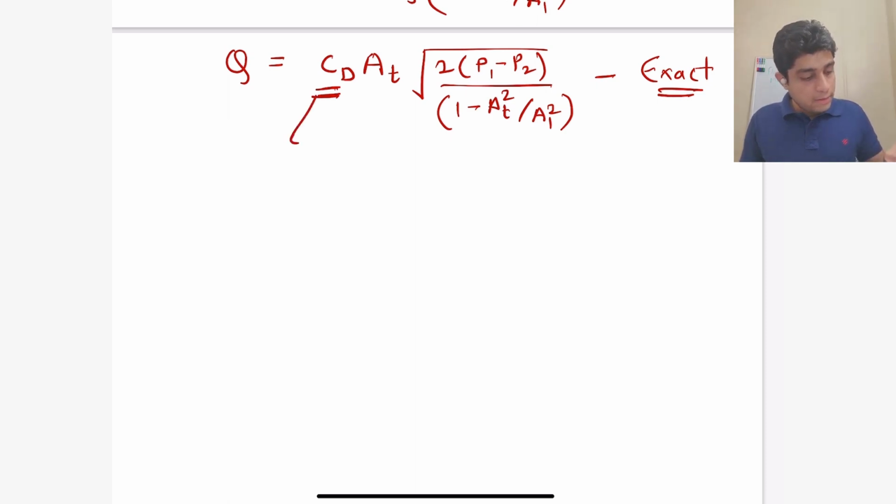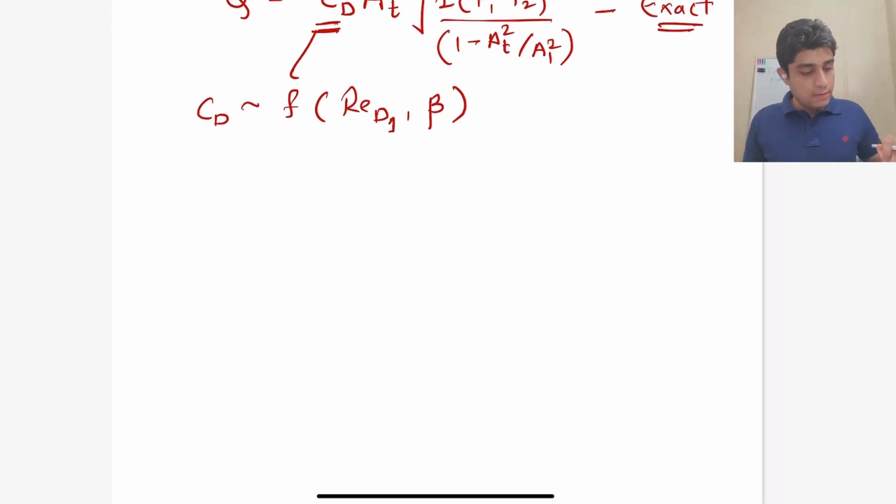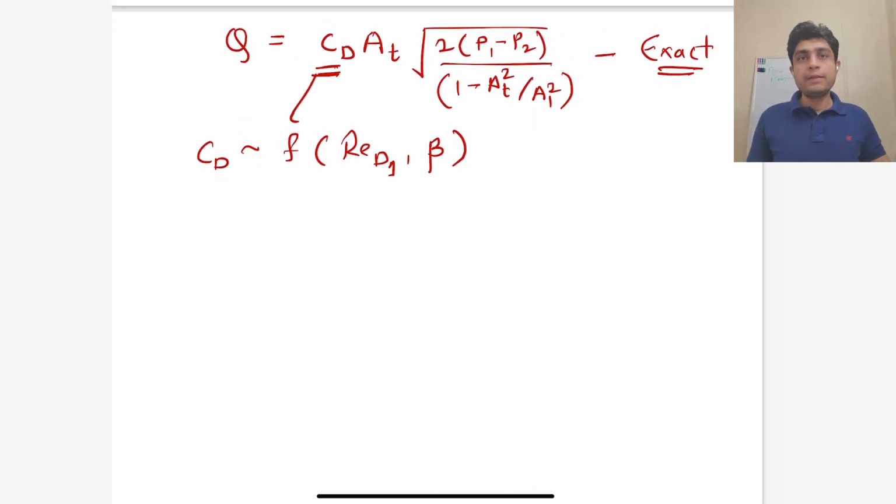So this has been found to be a function of the upstream Reynolds number and the geometrical ratio beta. So once you fix the geometry, you can use these correlations given by your manufacturer to find out the coefficient of discharge, and then you measure the pressure difference and finally get the flow rate.